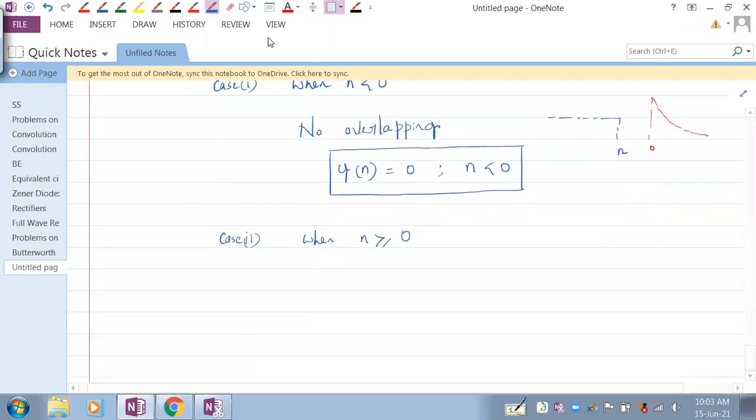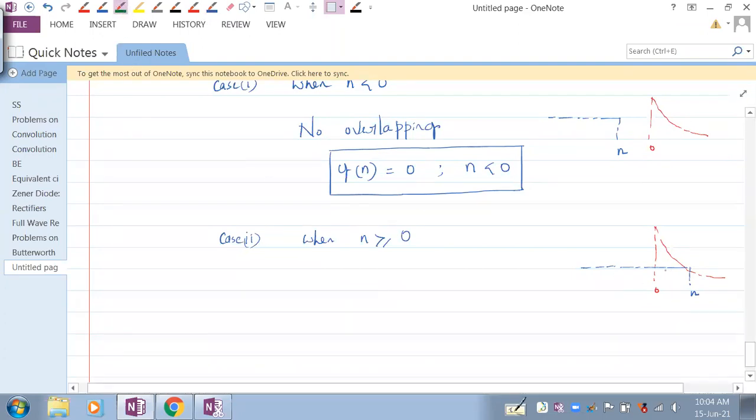Now let's again take the standing, stationary signal. It starts from 0 and goes till infinity. And this one, if you take, now this person is going and handshaking with the players. So this is n. What is the overlapping range?